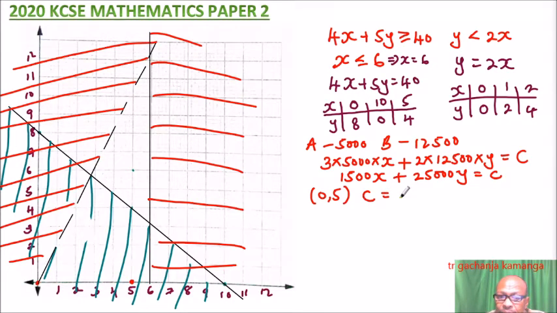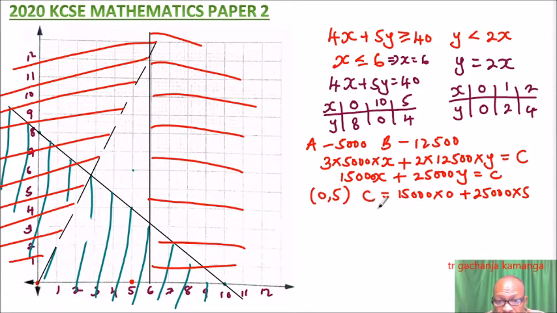C is equal to 15,000 times 0, which is 0, then we add 25,000 multiplied by 5.